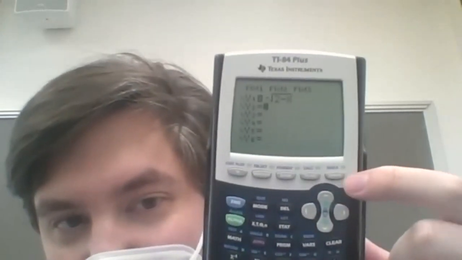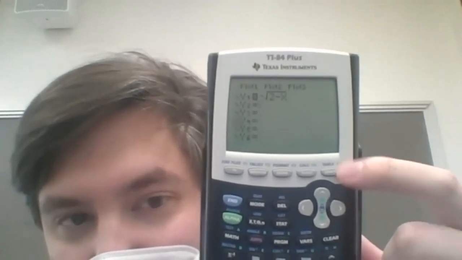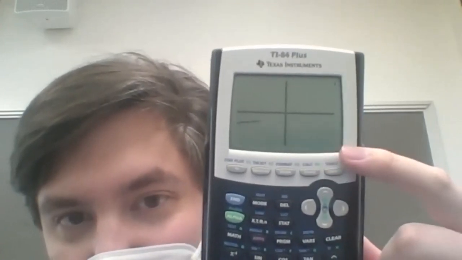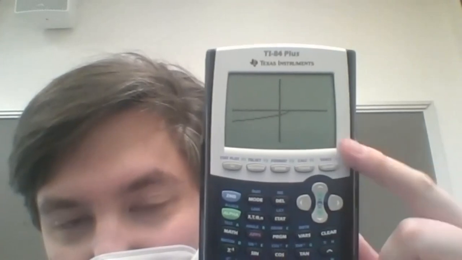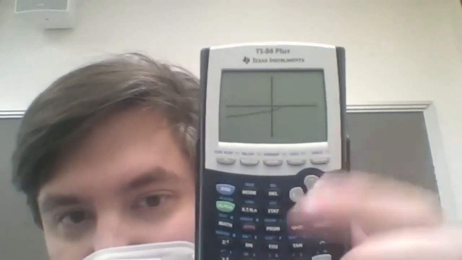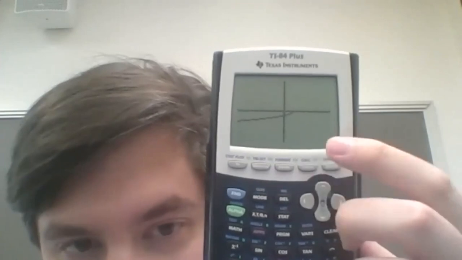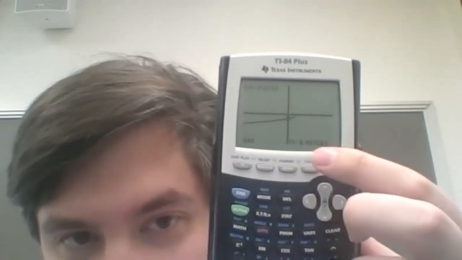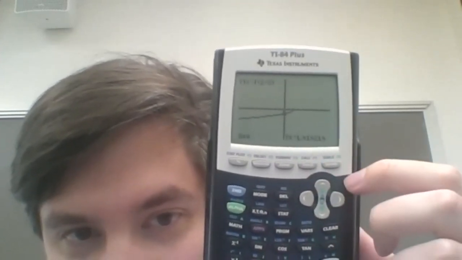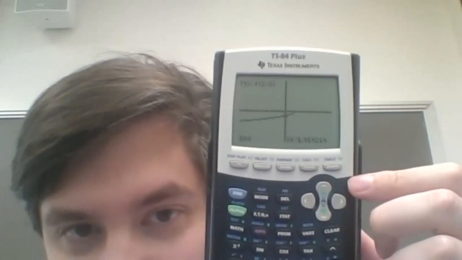If you look on the other end, you'll see the graph button. If you push that, it'll draw a very lovely picture of what that graph looks like. If you push the trace key right next to it, it'll even give you some coordinates.